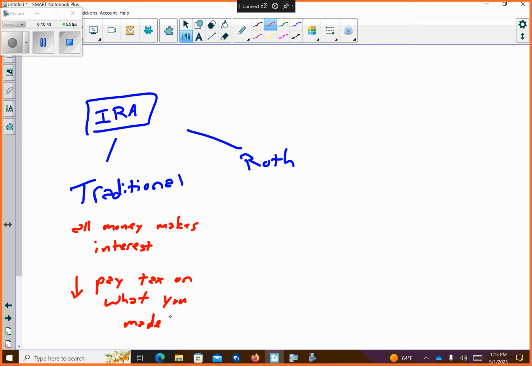Okay, the Roth, you pay taxes up front. And no matter how much the Roth IRA makes, you don't. So the upside is you don't pay when you take out.